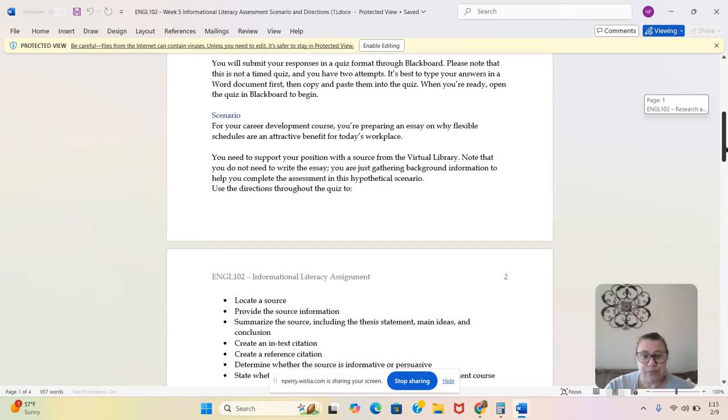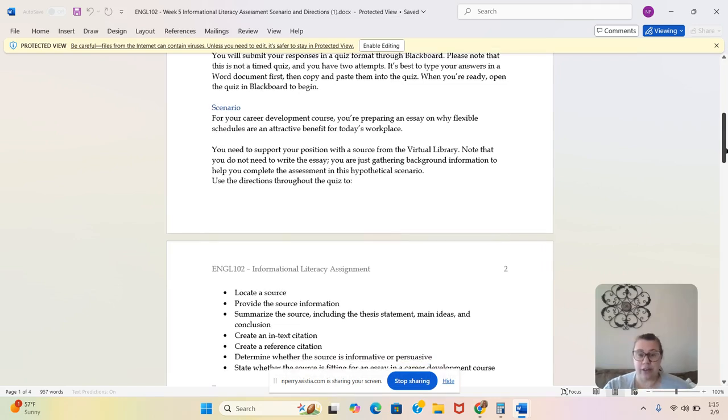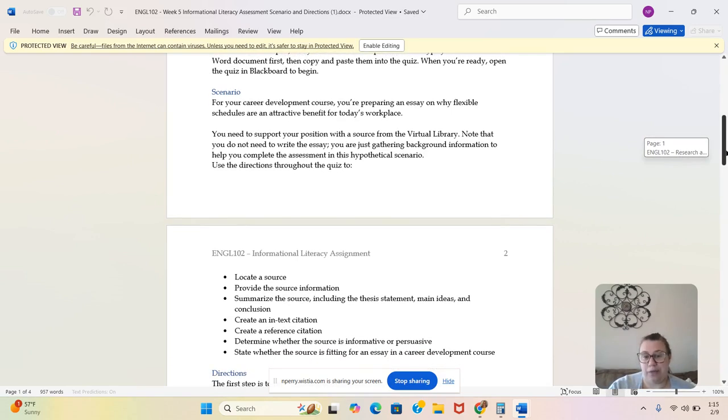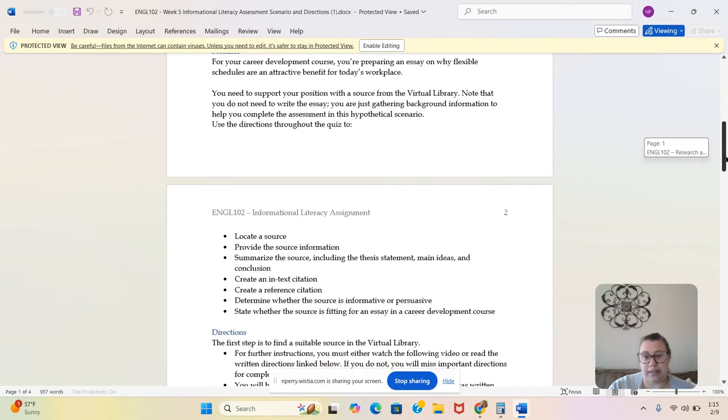The scenario is that you are preparing an essay on why flexible schedules are an attractive benefit for today's workplace. You do have to use the virtual library. You're not writing a full essay, you're just writing a summary and why it's an important source. We'll get to that in just a minute.